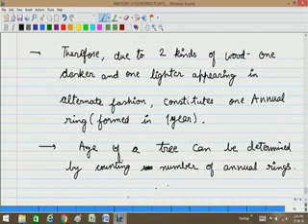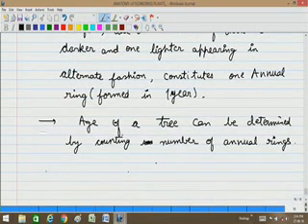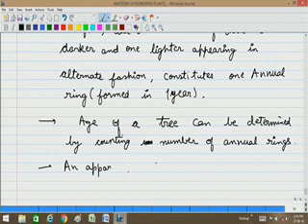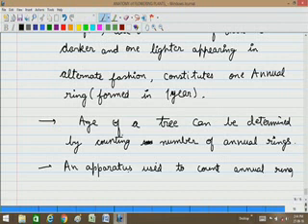Now, an apparatus used to count annual rings is called a dendrochronometer.